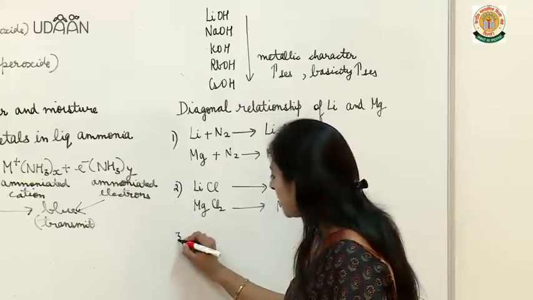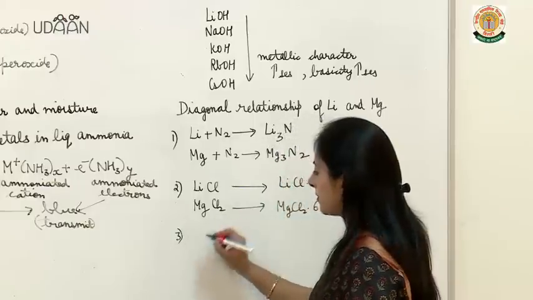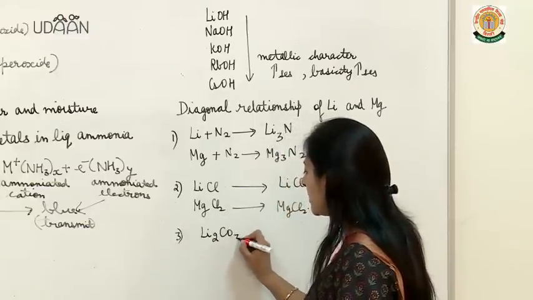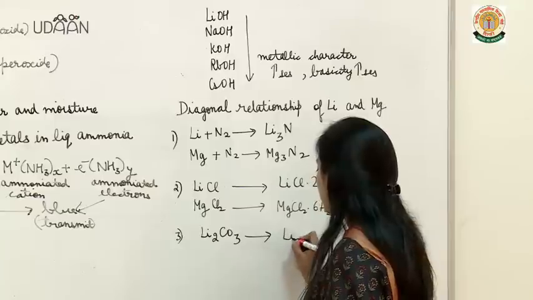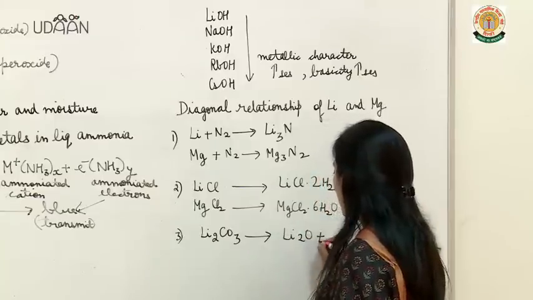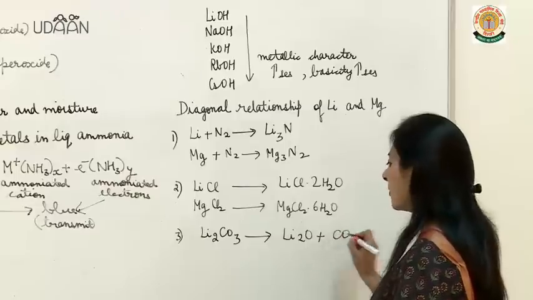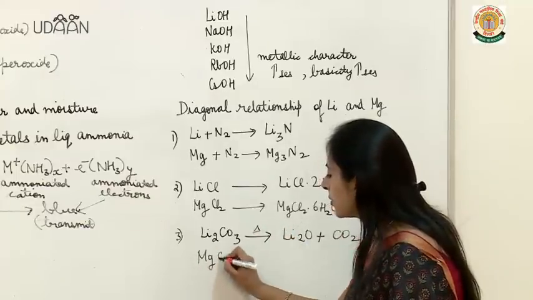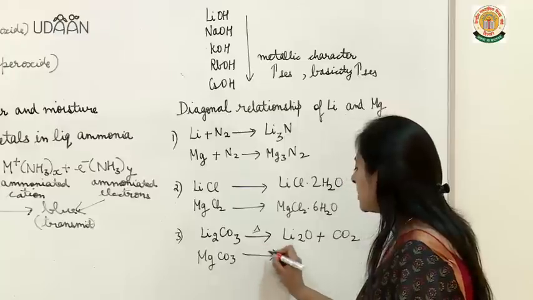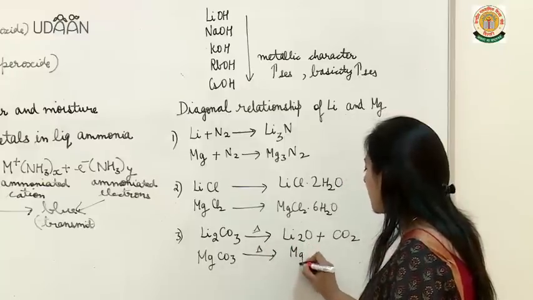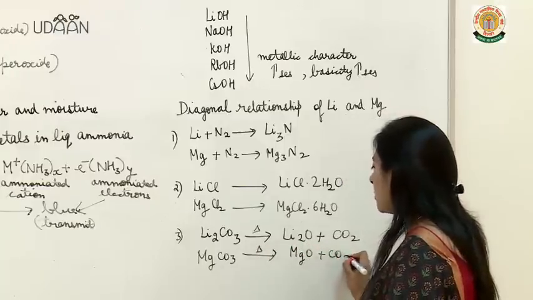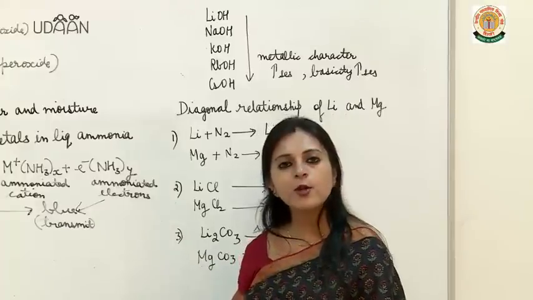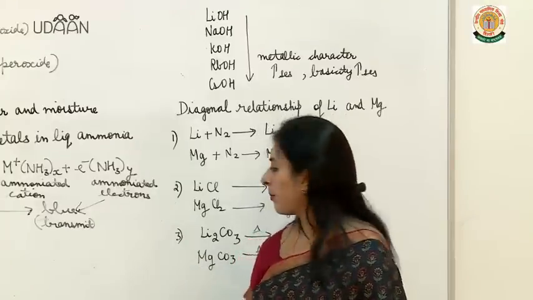Now when we heat lithium carbonate, it is unstable and it gives Li2O plus CO2. Similarly, when I heat magnesium carbonate, again I get magnesium oxide plus CO2. So like lithium carbonate, magnesium carbonate is also unstable towards heat.